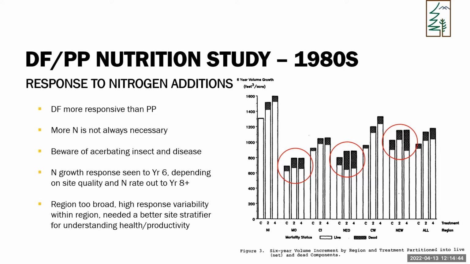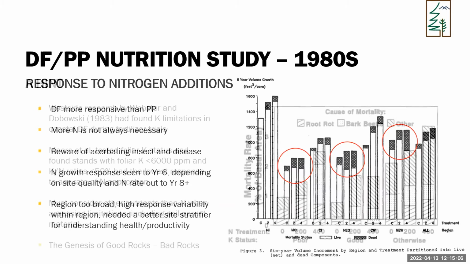And so we had two things that really came out of this study. All right, we need to know more about what's going on within region by site type. And we need to understand a little bit more of how these nutrition characteristics of our soil parent material is mitigating or modifying what we are hypothesizing should be these responses to our nutrient additions.